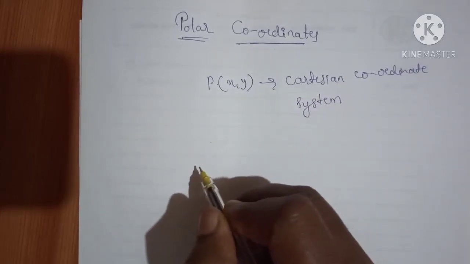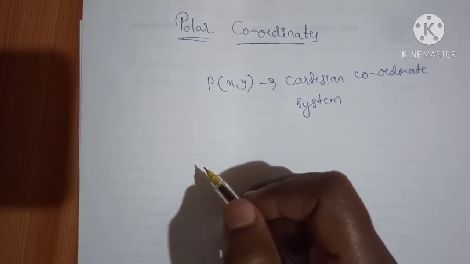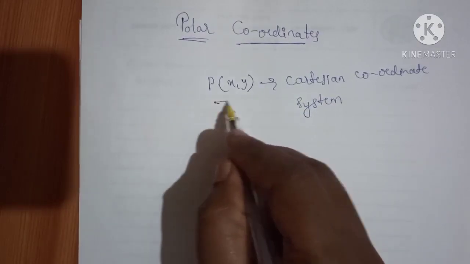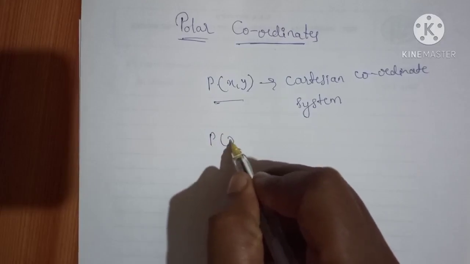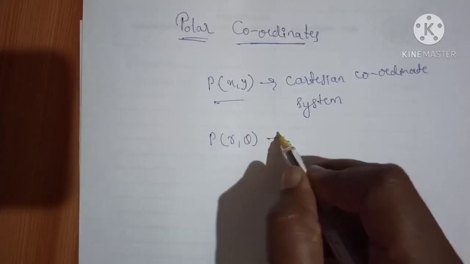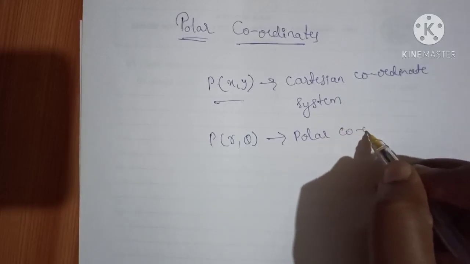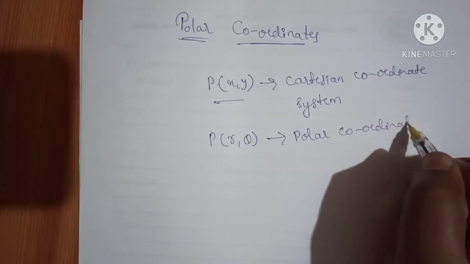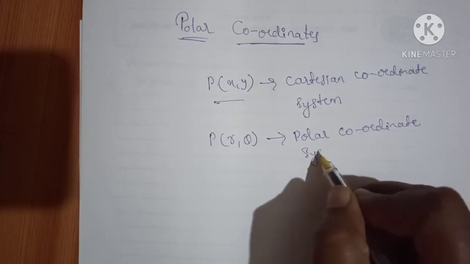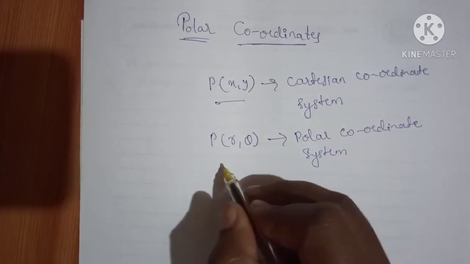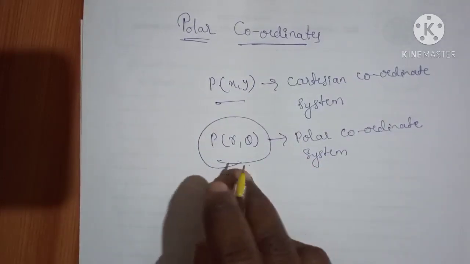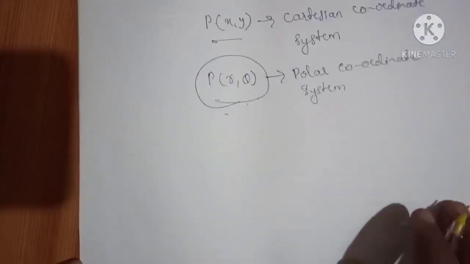We have one more coordinate system to represent a given point, and that is P of r comma theta, and this system is called the polar coordinate system. So let us study in detail about this polar coordinate system.